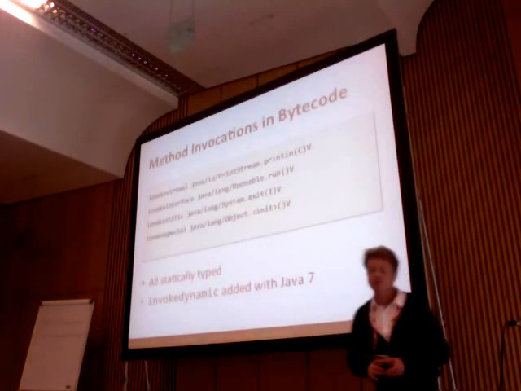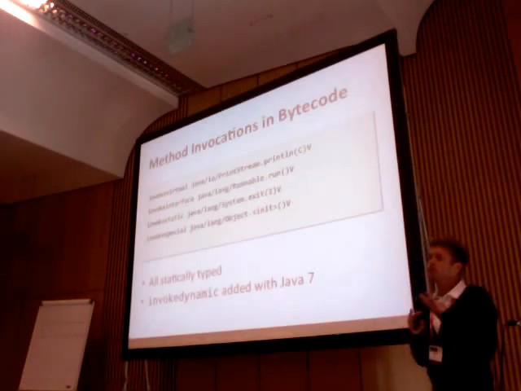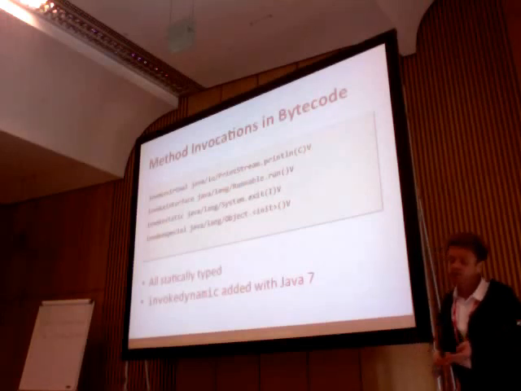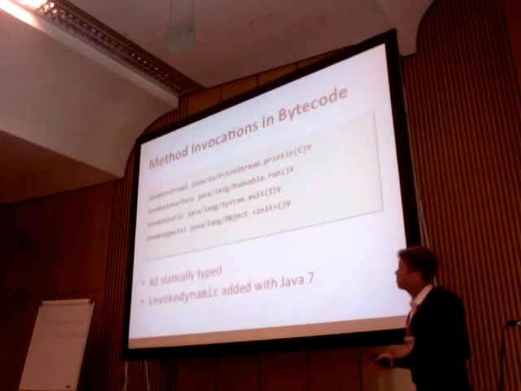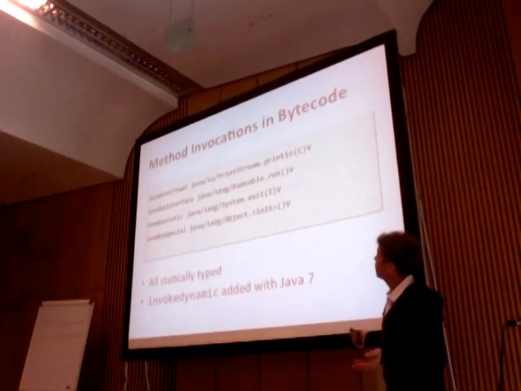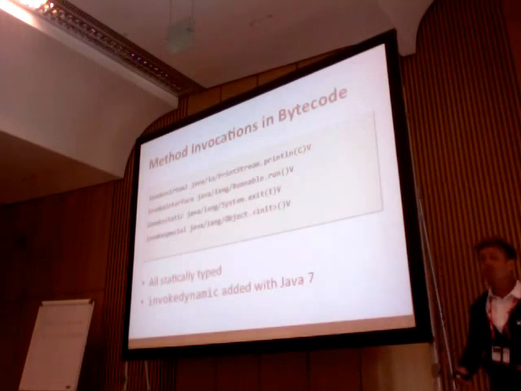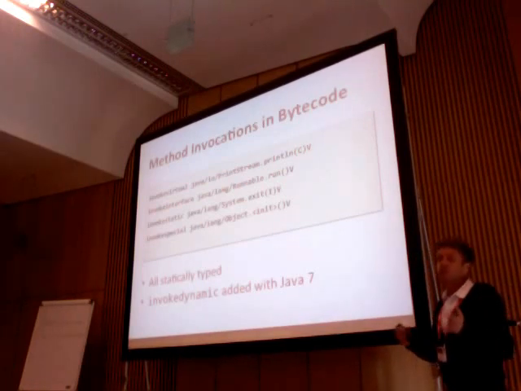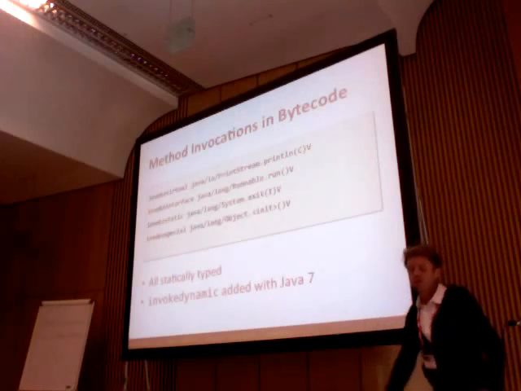In Java bytecode, since Java 6, we had 4 ways to invoke methods. It was invokevirtual, to call any instance method, for example, println on the PrintStream. Invokeinterface, to invoke interface methods, so if the method type is bound to an interface, like Runnable.